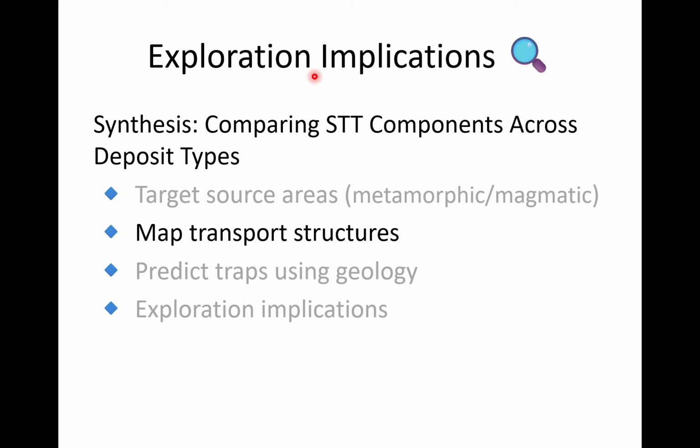In epithermal systems, transport, on the other hand, is short-lived and shallow. Fluids rise perhaps 1 to 2 kilometers from an intrusion into the near surface. The temperature is between 150 and at most 300 degrees C, and often at much lower confining pressures.